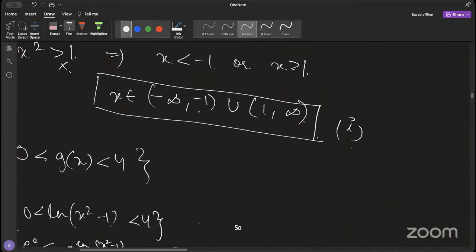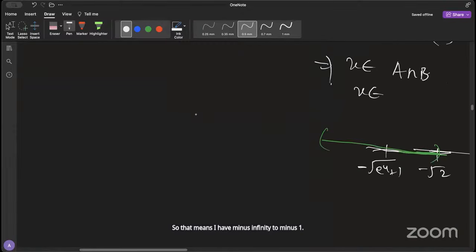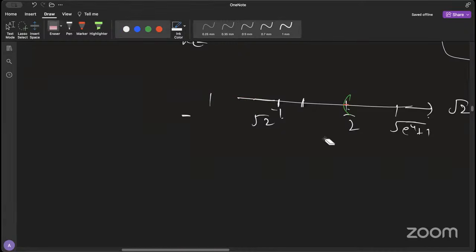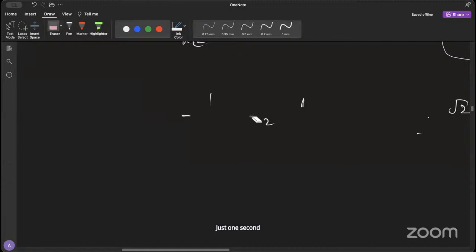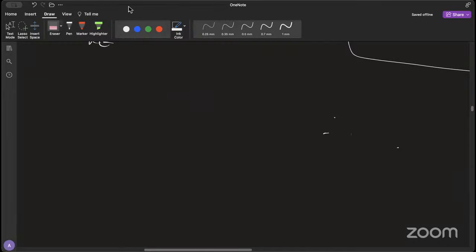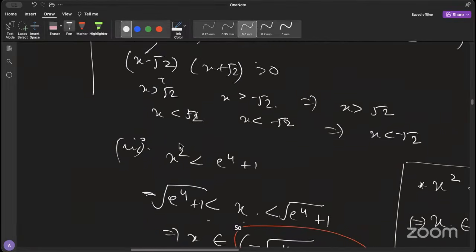So that means I have minus infinity to minus 1. Minus 1 is here. We have minus 1 here. Minus infinity to minus 1. Let me check the entire solution again.